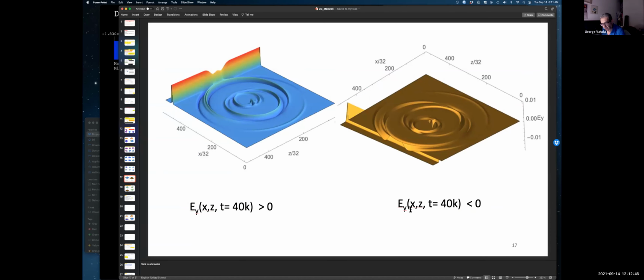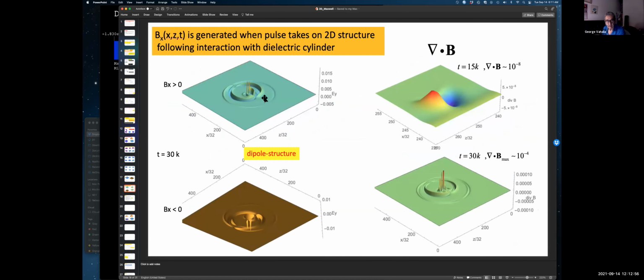And you also, of course, get a negative electric field. So this is to give you what you also see in 1D, that the E field polarization can change. Also, in 2D, for div B being 0, you have to generate a BX field, and we recover that, and it's got a dipole-like structure.